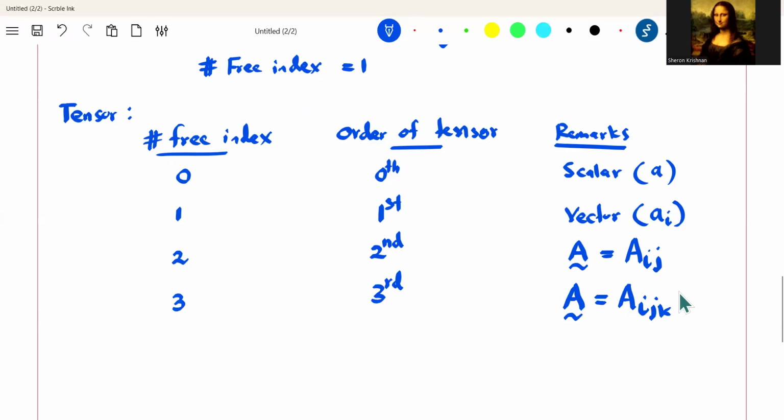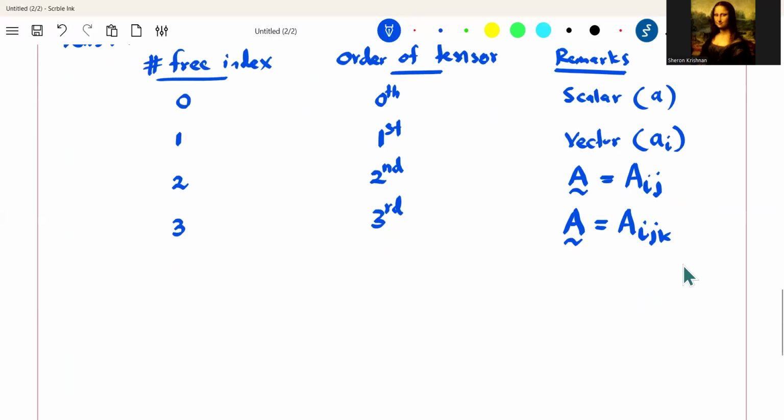You cannot write II. If it is II, it is not a second order tensor. For example, AII is not a second order tensor, because here I is a repeated index, not a free index.